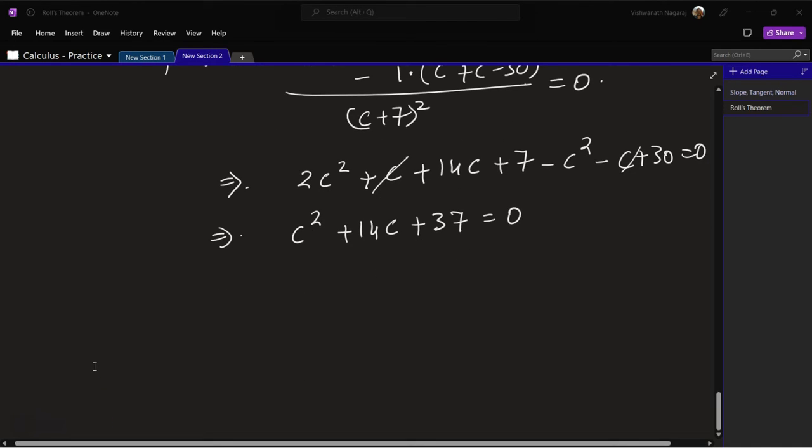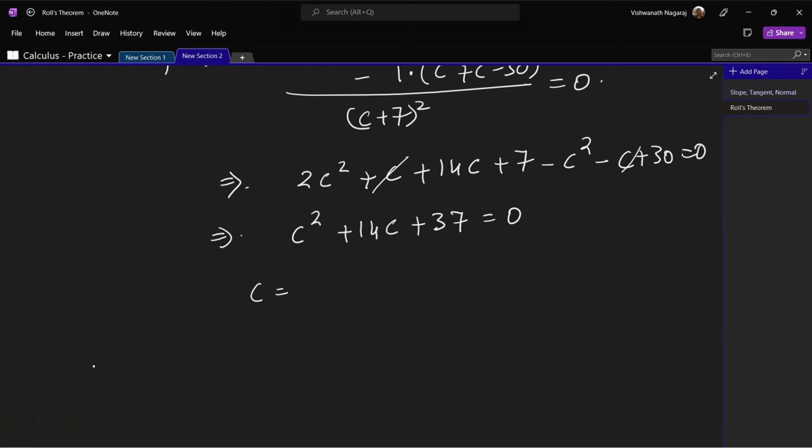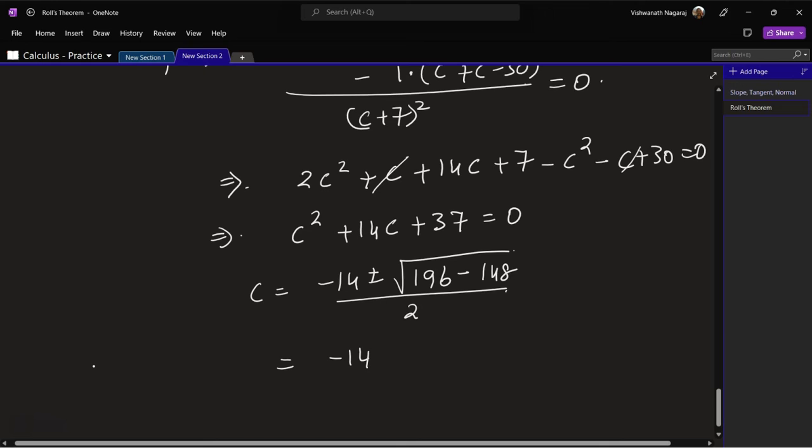So now again let's use the quadratic formula: minus b plus or minus square root of b square. 14 square is 196, minus 4 times a times c, so 4 times 37. Now 4 times 37 is 148, divided by 2a, which gives us minus 14 plus or minus square root of 196 minus 148, divided by 2.